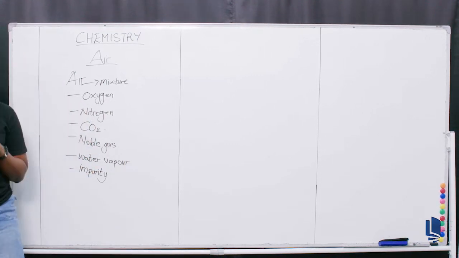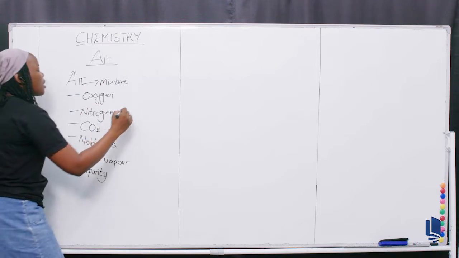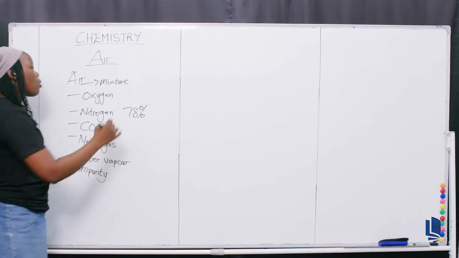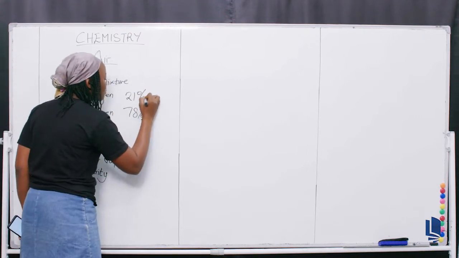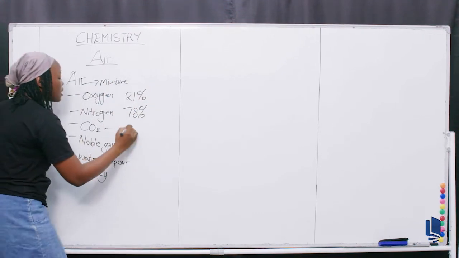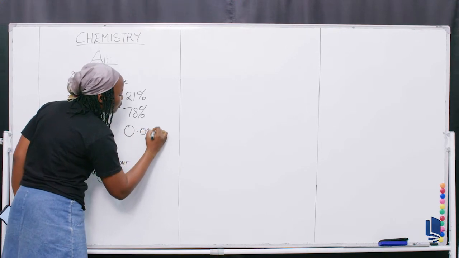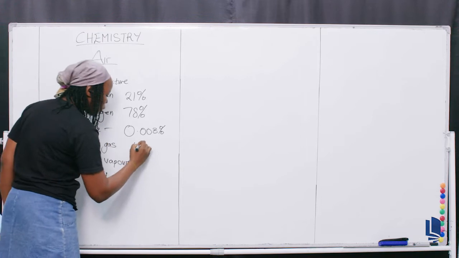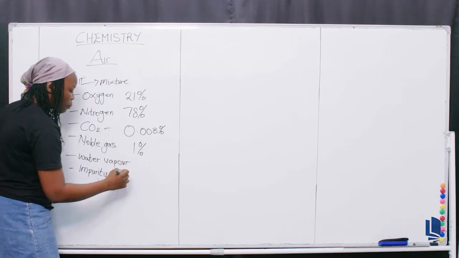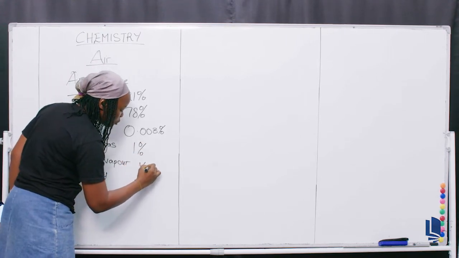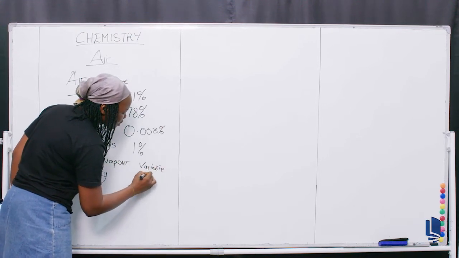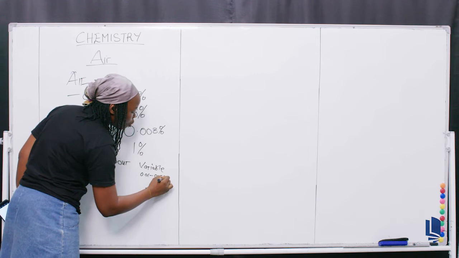Nitrogen is the most abundant because it is about 78%, whereas oxygen is around 21%. Carbon dioxide is about 0.003%. Noble gas around 1%. Water vapor varies, so variable, around 0.01 to 0.02.